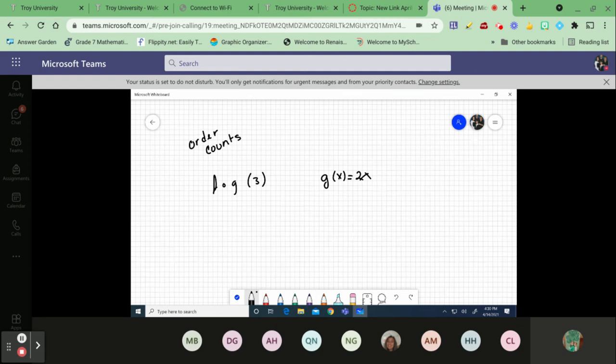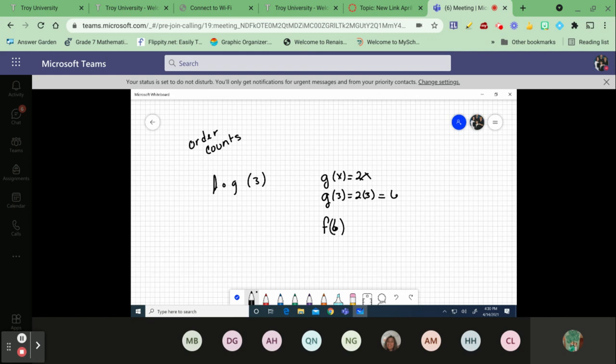So g of 3 is 2 times 3, which gives me 6. So then I need f of 6.